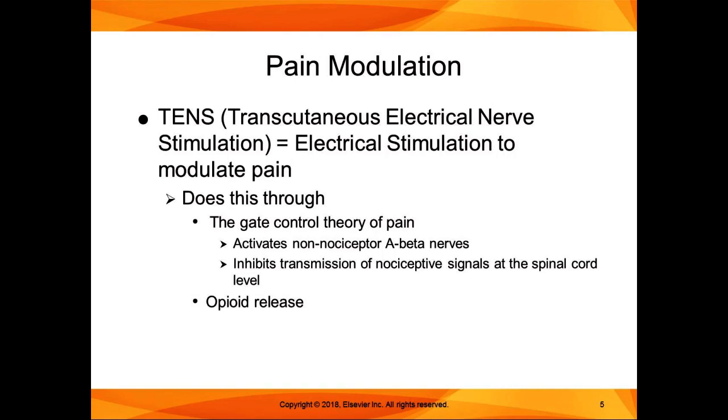And some settings of TENS are thought to do it by opioid release. The gate control theory is an ascending pain control. The endogenous opioid release is a descending pain control, so it stimulates areas in the brain that are going to activate those descending pain controls.